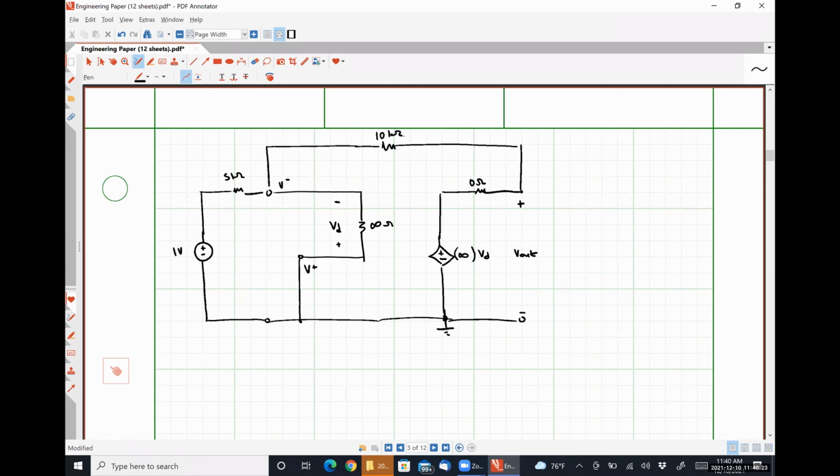Sure, yeah. So we assumed that Rn was extremely large as compared to our biasing resistors when we applied some sort of bias network. Absolutely. So we said that there was going to be maybe some small amount of current flowing into the input terminals, but it really wasn't that big of a deal, right?